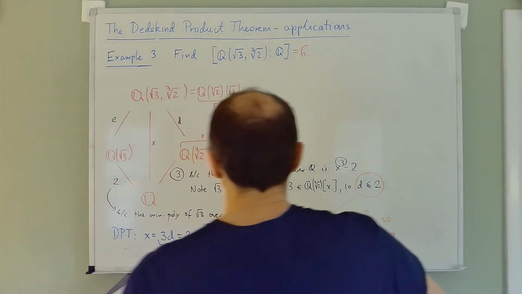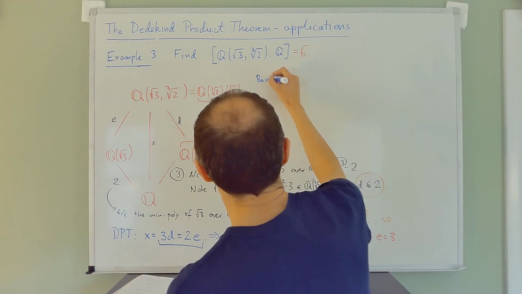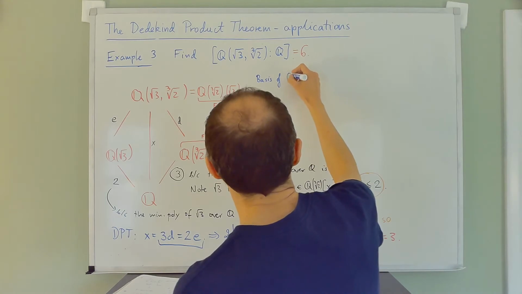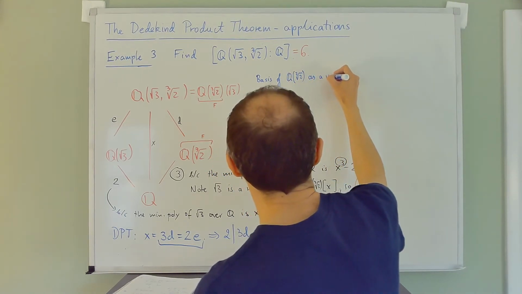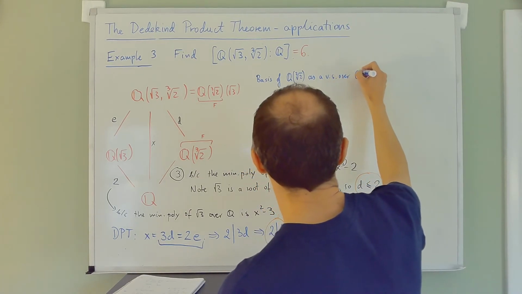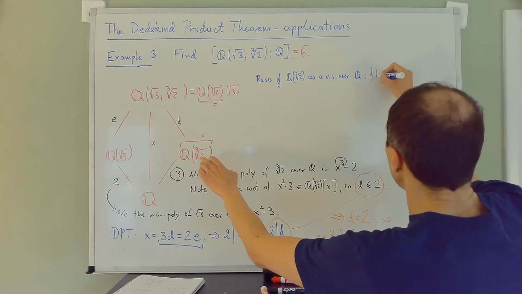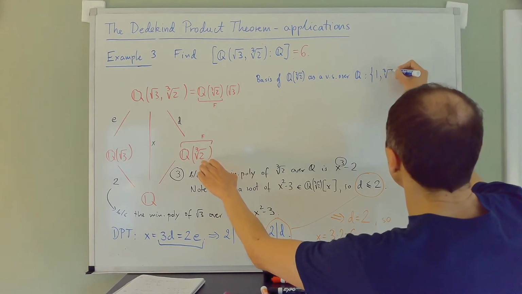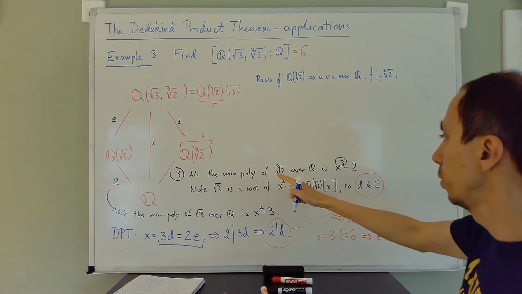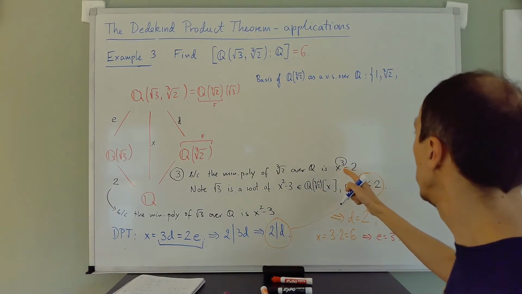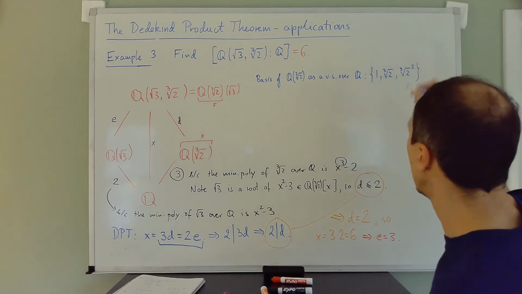What about bases? Let's find quickly the bases. So basis of Q adjoin cube root of 2 as a vector space over Q. Well, again, I'm adjoining cube root of 2, so according to that theorem, I just go like this. How far should I go? Well, the degree of the minimal polynomial of cube root of 2 over Q is 3, so I go to 1 power less, so I go to square.